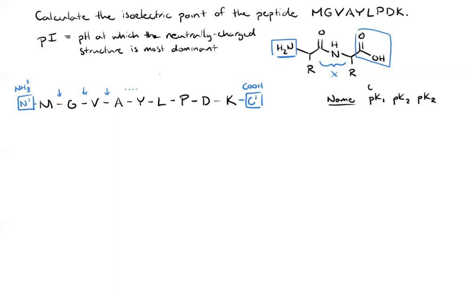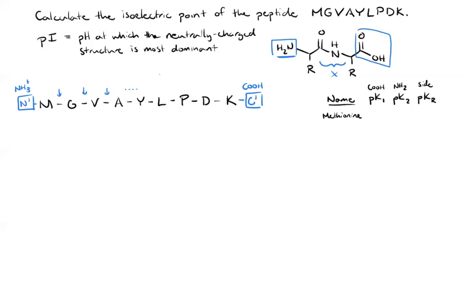Usually pK1 on these tables refers to the carboxyl group that's part of the amino acid backbone. pK2 is that NH2 or NH3 plus group. And then pKr is the side chain. So sometimes when you look at an amino acid on the chart, for instance, the first one here, methionine, we're probably going to see a value for methionine.